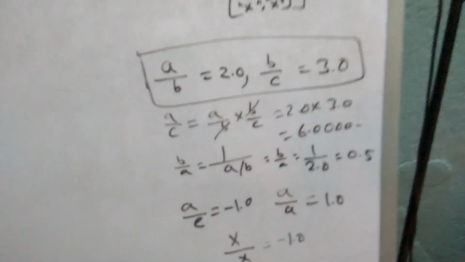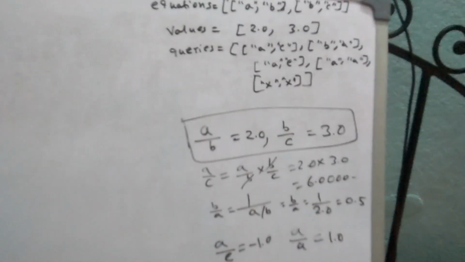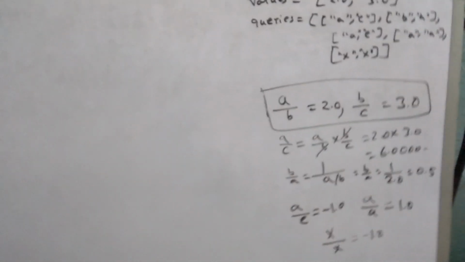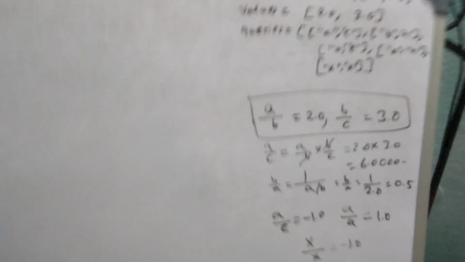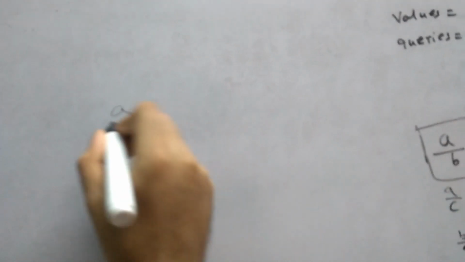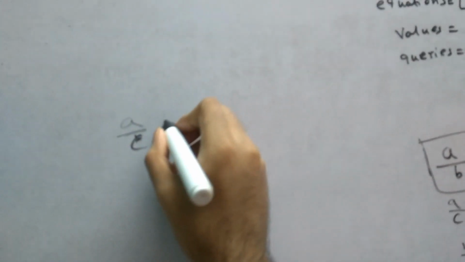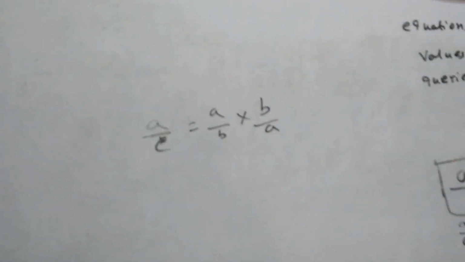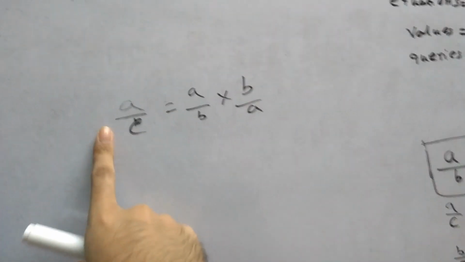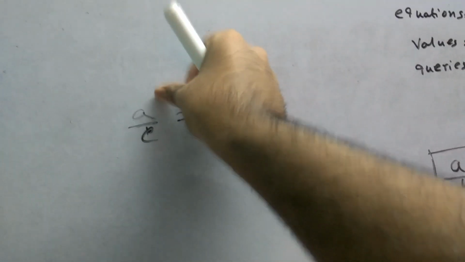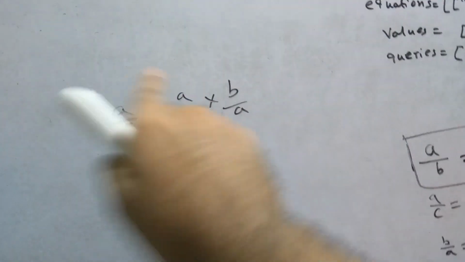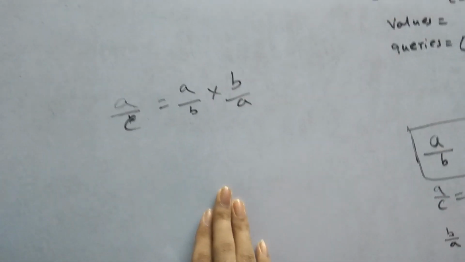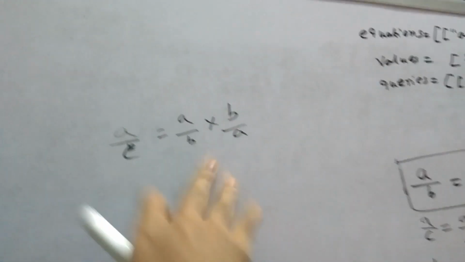Now we understand the problem statement clearly. Now let's see how we can actually solve this problem. By looking at it, let's just take this a by c example. Here, a by c we are calculating by taking a by b into b by a. If we observe this clearly, we can see one pattern: we somehow have to reach from a to c, and whatever we take as intermediate nodes or intermediate path, in this case it's b.